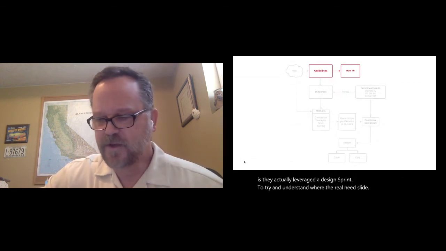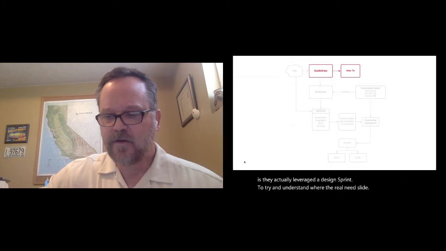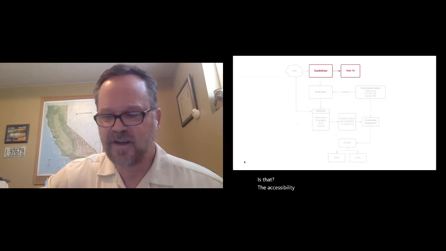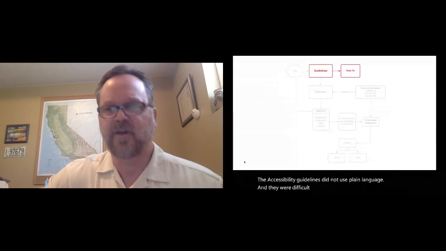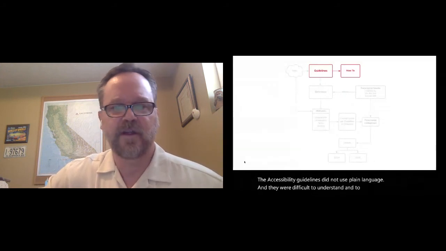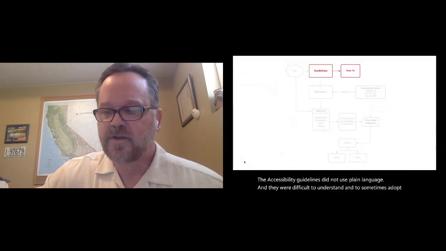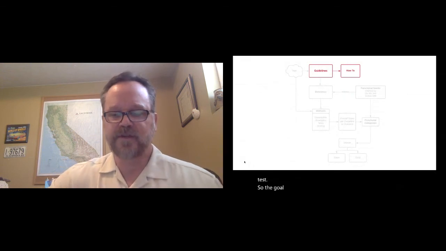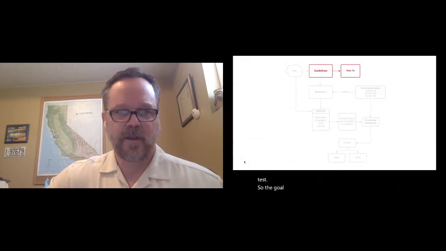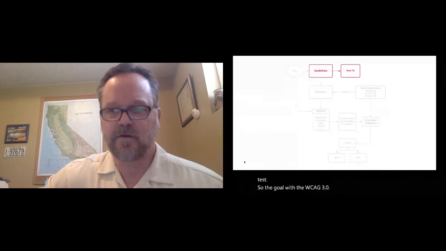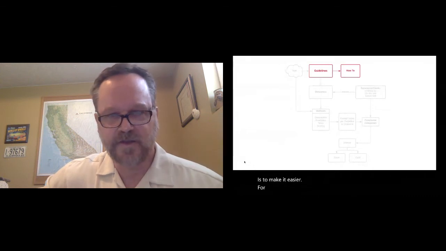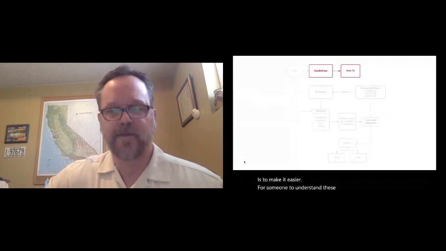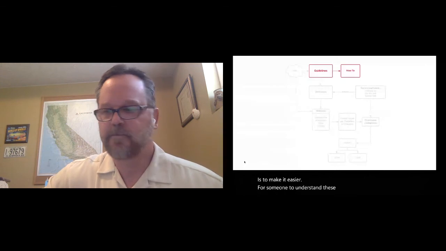And what they saw is that the accessibility guidelines did not use plain language, and they were difficult to understand and to sometimes adopt and test. So the goal with WCAG 3.0 is to make it easier for someone to understand these guidelines, to adopt them, and to test with them.